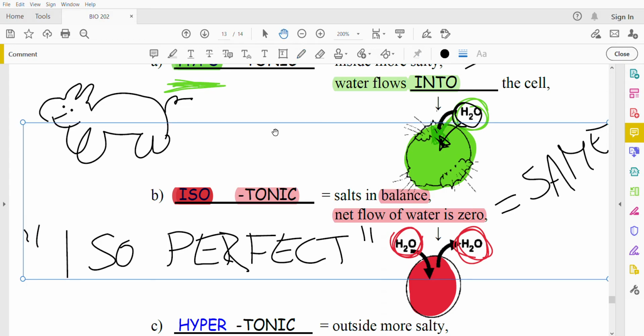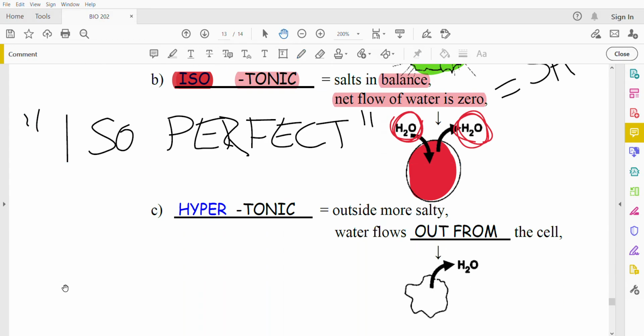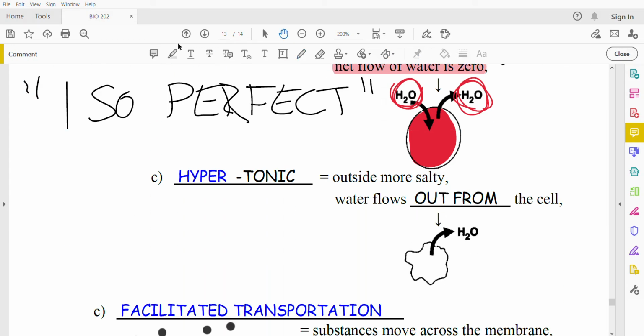And the last example of tonicity that we had was the hypertonic cells. Let's have a look at those. So in hypertonic cells, what's happening is that actually the outside of the cell is more salty, so water ends up flowing out from the cell.